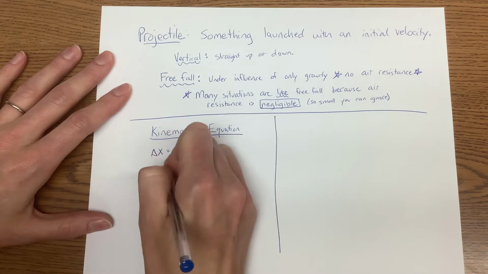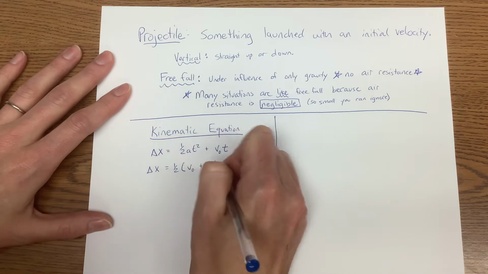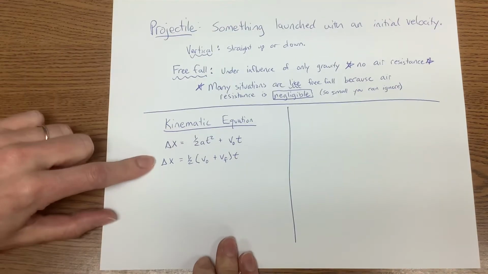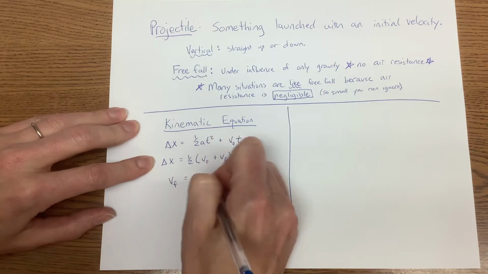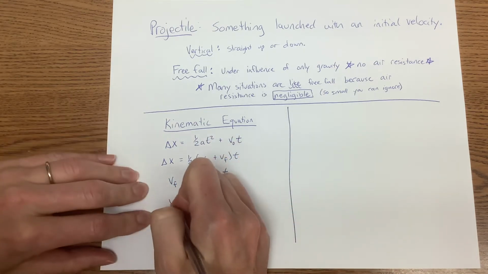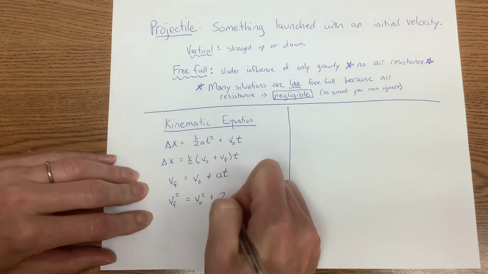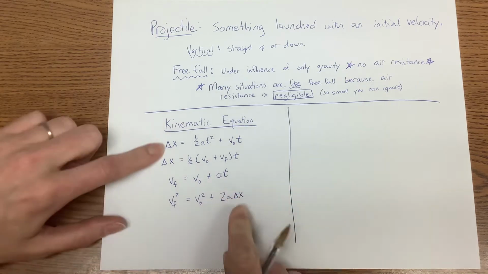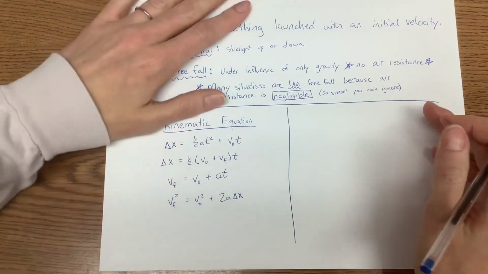And we've got this one, which isn't actually on the equation sheet, but that's what it would look like if it were, because they use a lot of the delta x things. Vf squared equals v naught squared plus 2a delta x. And I was using d instead of delta x a lot because that's too many letters and I'm lazy.